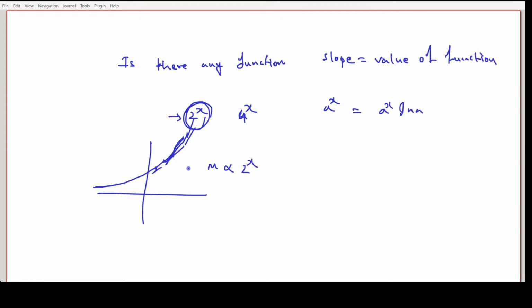And the slope is actually equal to some k times the value of the function. For example, if it is y equals x, the slope m is constant. But these are those functions, exponential functions, where the slope is actually proportional to the value of the function.